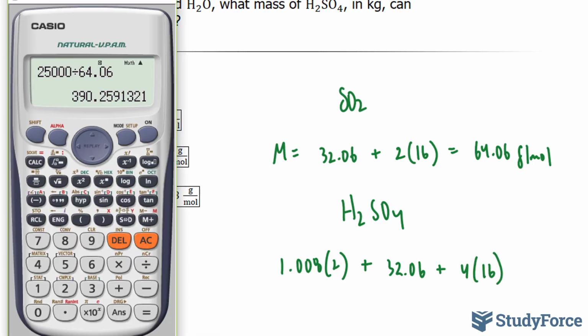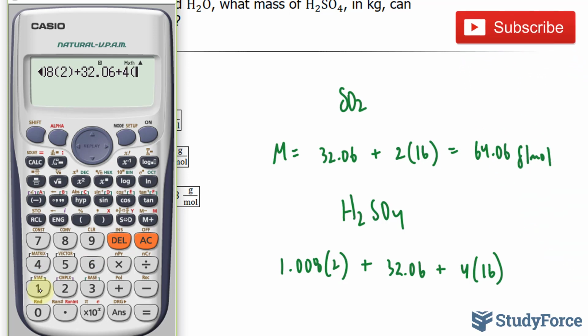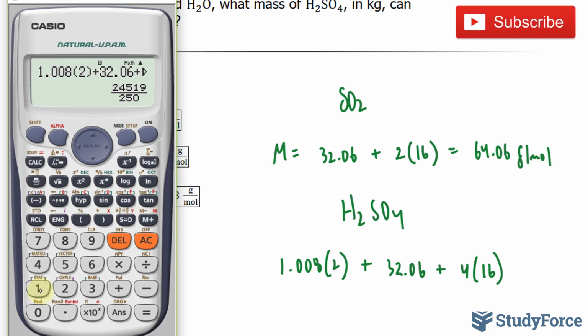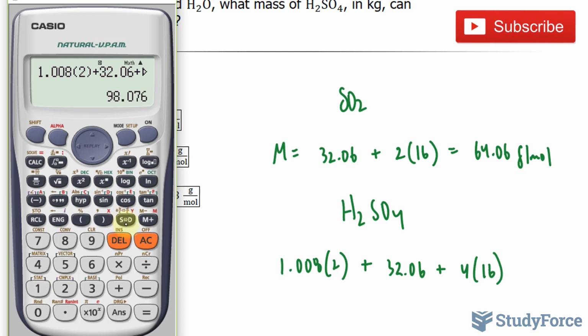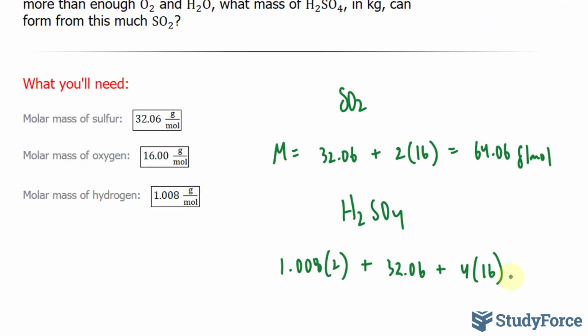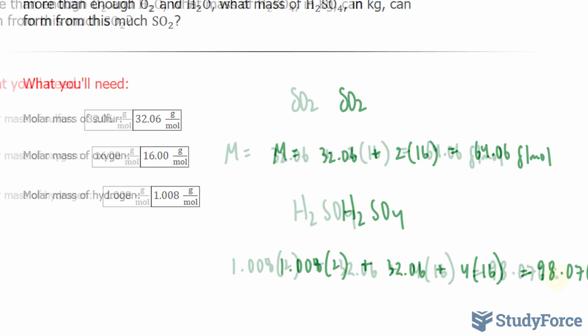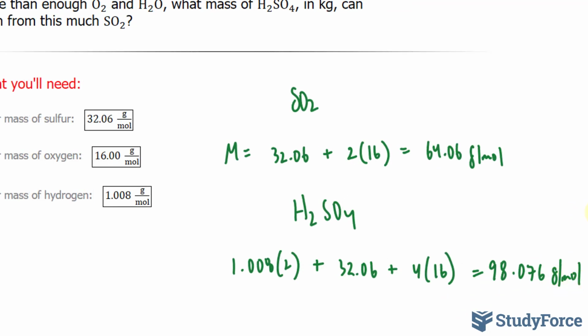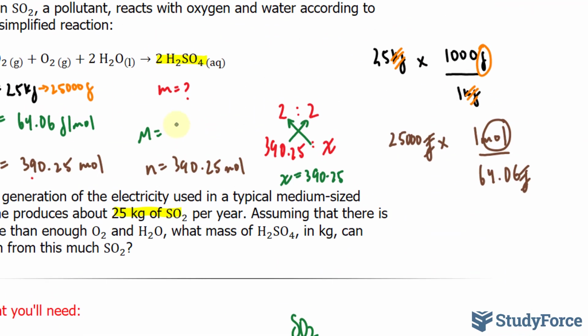Using my calculator, 1.008 times 2 plus 32.06 plus 4 times 16. And this gives me 98.076 grams per mole. I'll write that up here.